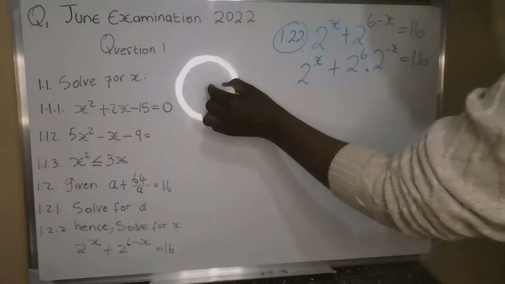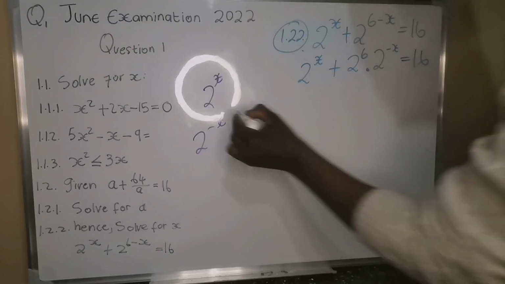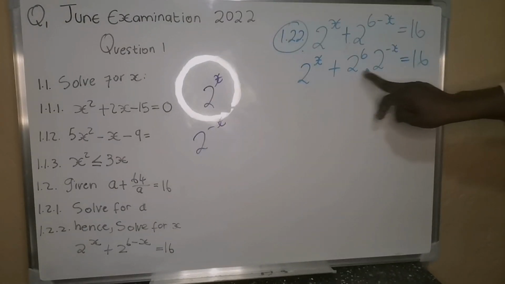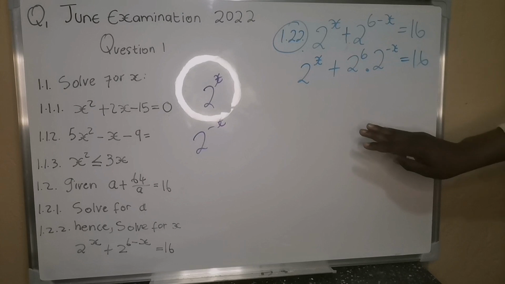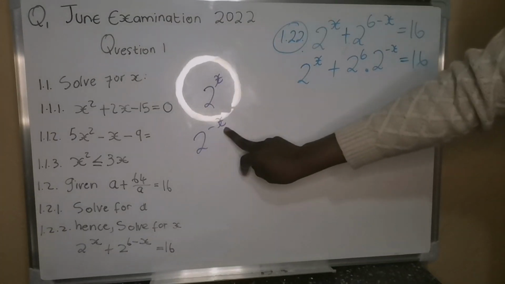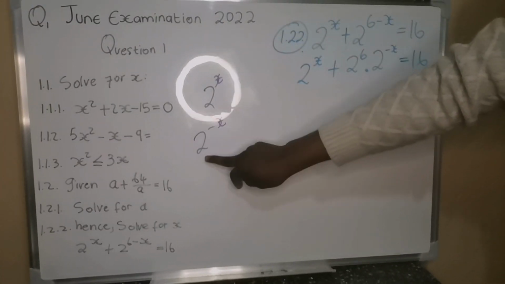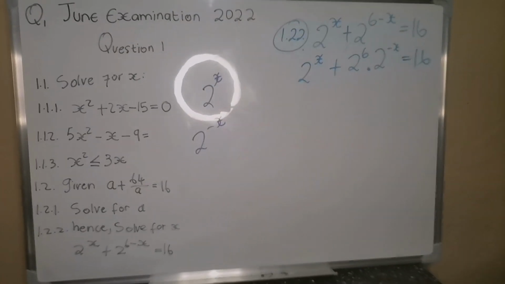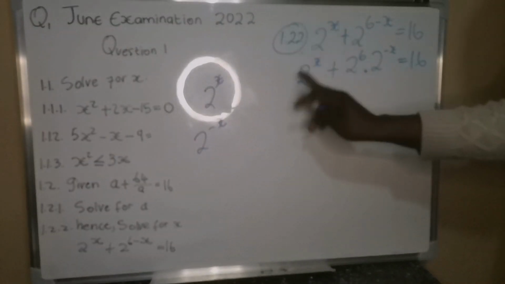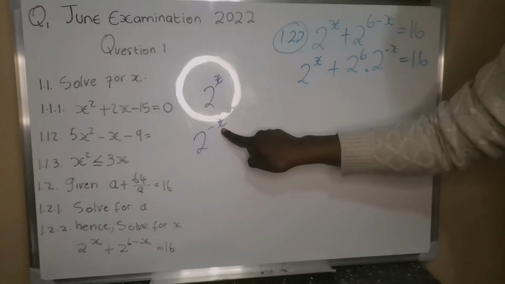For 2 to the power x, and we have 2 to the power negative x. Focus on the bases with variables to simplify this type of question. Our first base is 2 to the power x, our second base is 2 to the power negative x. These are bases, both have the variable x, but this x and this x are not the same in terms of the sign.